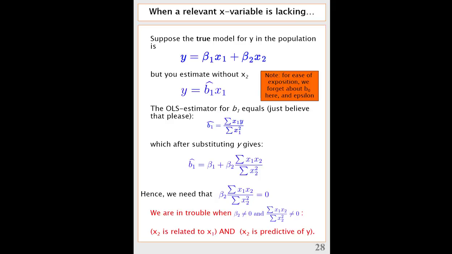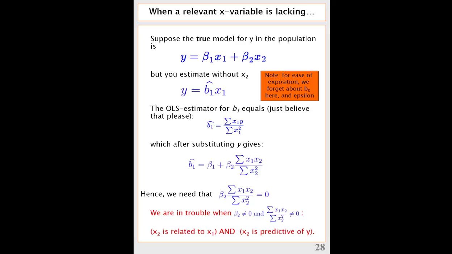And so this part here is saying that x2 related to x1 is also not a good idea. So if there are two things going on, one is x2 is a good predictor of y, and the second is x2 is correlated to x1. If we have both of these, then we're screwed here, because then this term doesn't disappear.